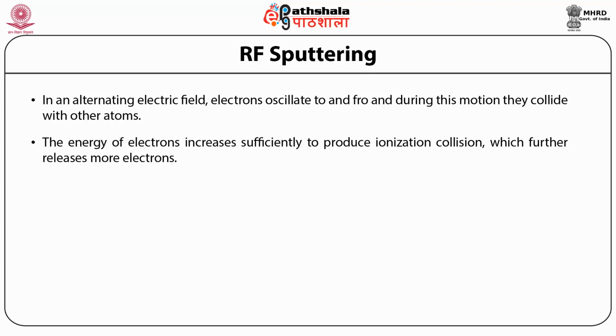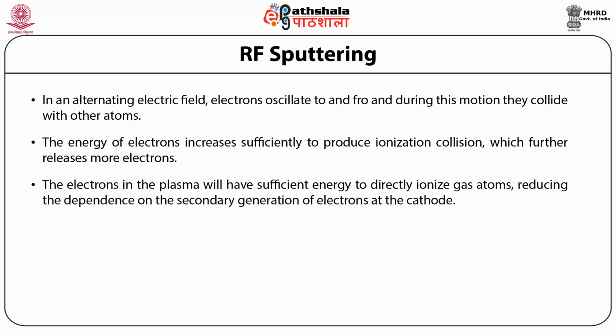that are essential in DC sputtering for the generation of secondary electrons to sustain the discharge are not required in RF sputtering. The electrons in the plasma will have sufficient energy to directly ionize the gas atoms, reducing the dependence on the secondary generation of electrons at the cathode.